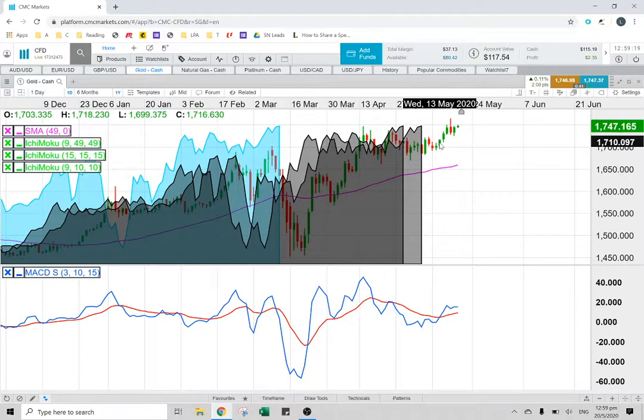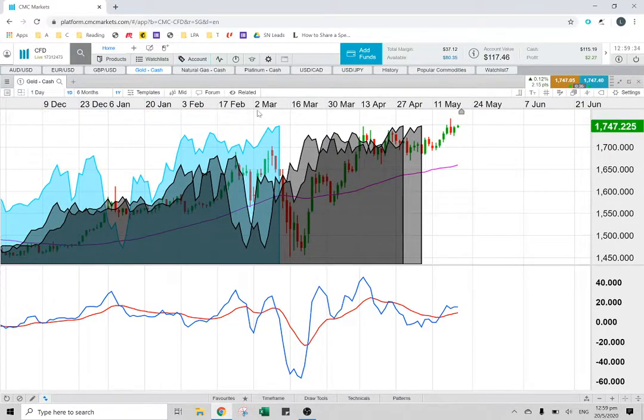So we put it somewhere at the high of this, which is 1718, stop loss 1718.23. So can look to buy with a stop loss at 1718.23. So see how things go. If you guys can buy, definitely buy. I don't have enough margin right now, but I would buy if I could.